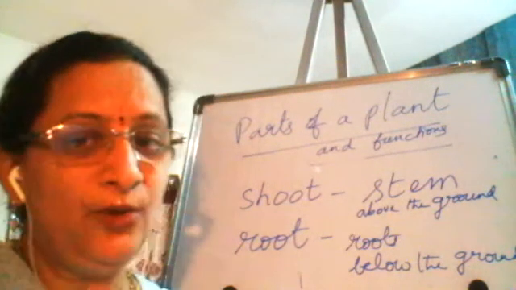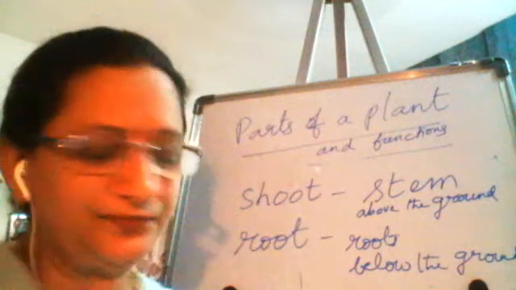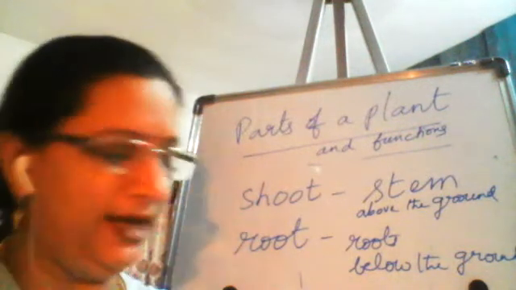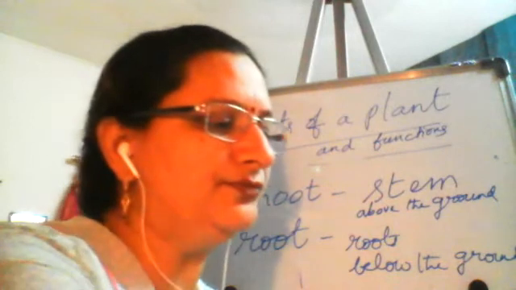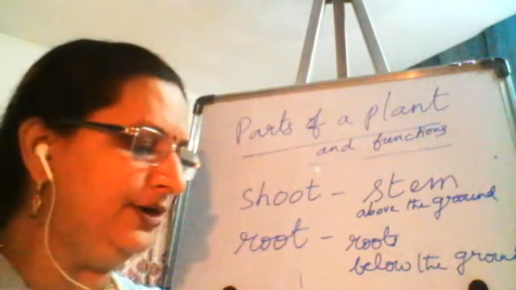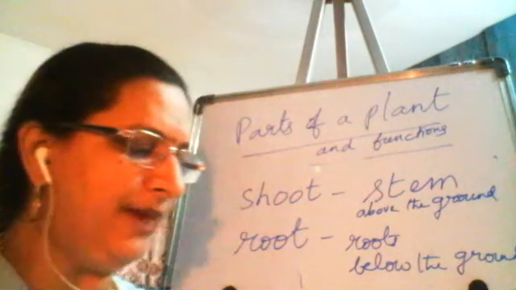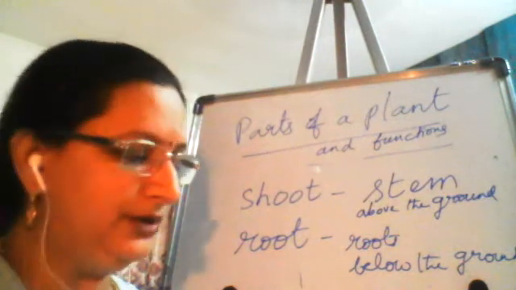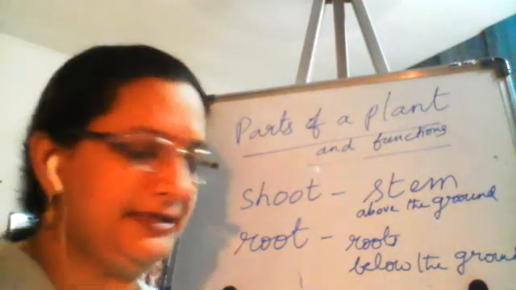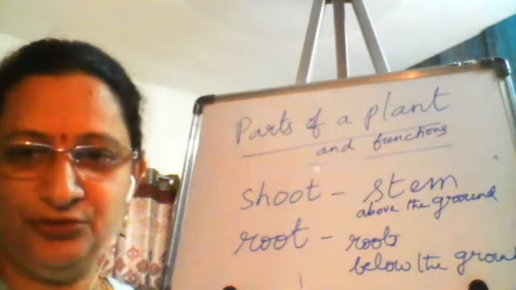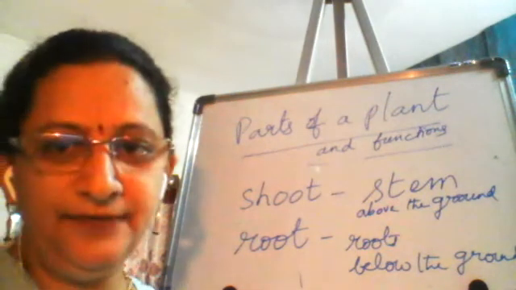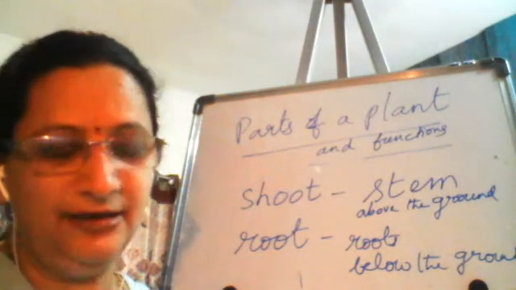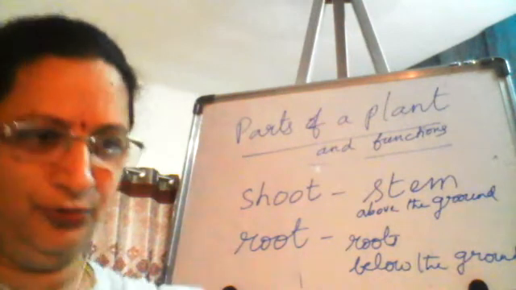Okay. So what do you have in your shoot? The first major part of the plant, what do you have in your shoot? The different parts that you have in your shoot are the stem that I have shown you just now, branches, leaves, buds, flowers and fruits.